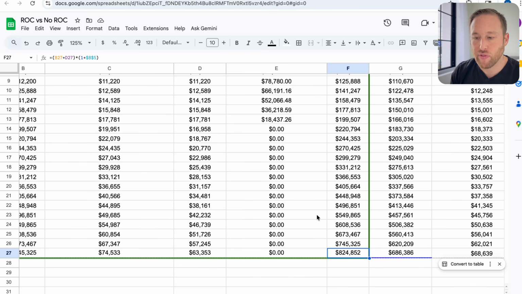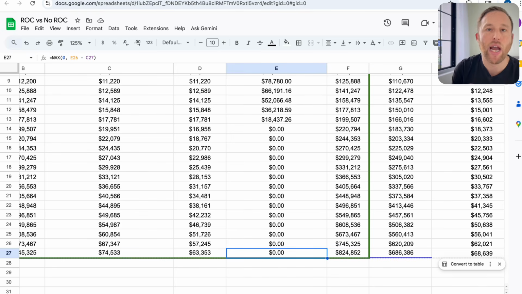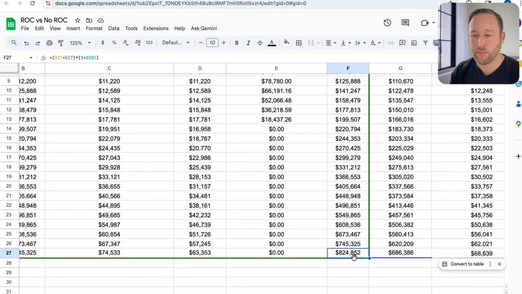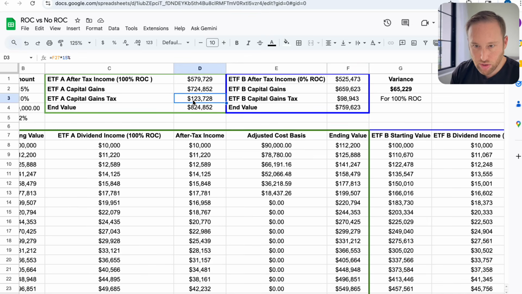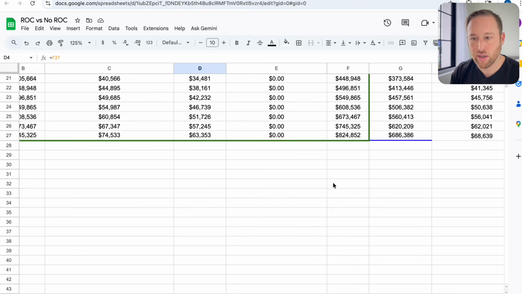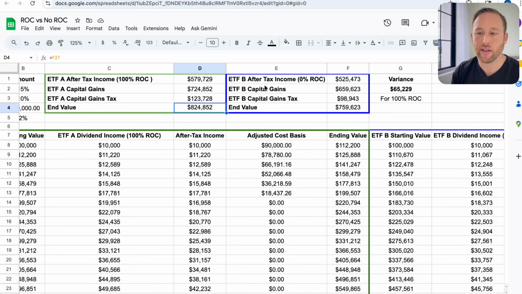Again, if you bought this for 100K, we wiped away our cost basis down to zero. So now it's 15% times this number. So capital gains tax 123K. Okay. End value, like we said down here, is 824K.